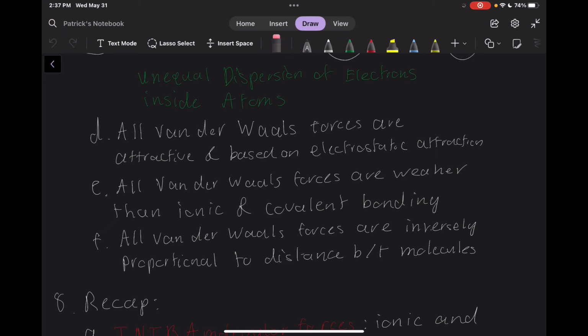For example, we might say that there is an inversely proportional relationship between the amount of money a person spends and the amount of money said person is able to save. The more you spend, the less money is available for you to put into a savings account, retirement account, investment account, whatever it is. In this case, the further two molecules are from one another, the weaker the intermolecular interactions between them. Distance does not make the heart grow fonder as far as molecules are concerned.